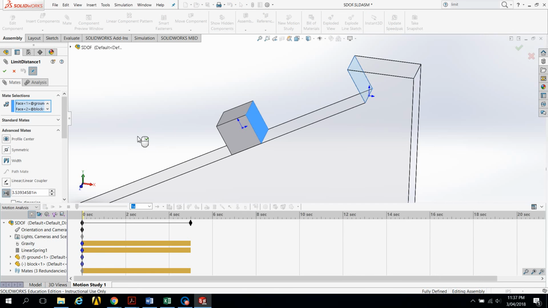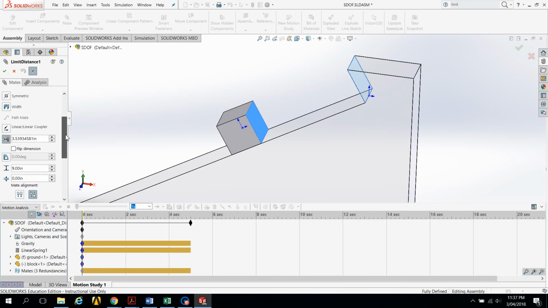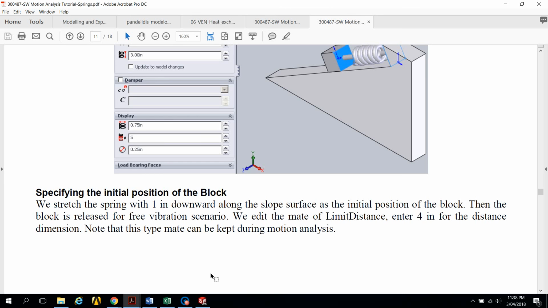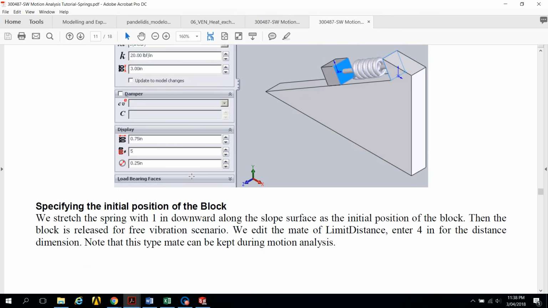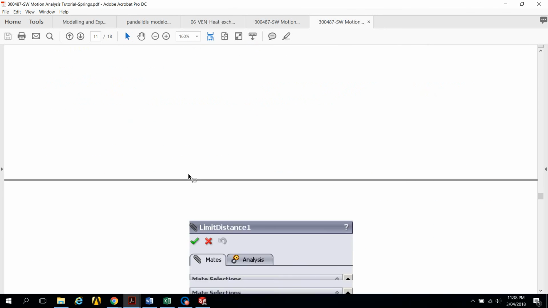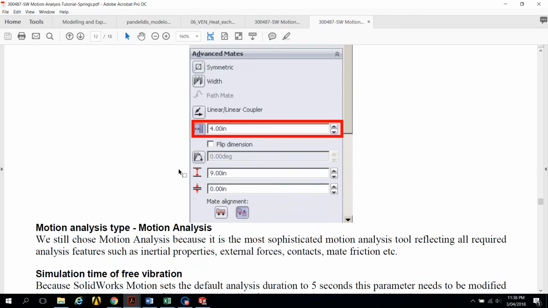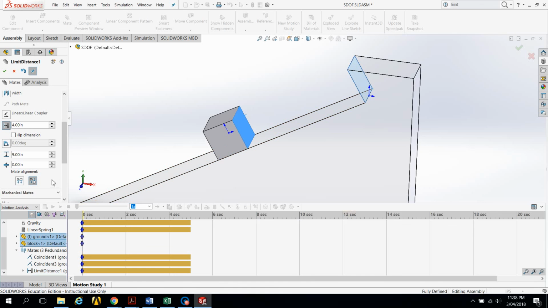Okay, so that's what I'm going to have for limit distance, and he asked us to change this one to 4 inches. Okay, let's see what he changed as well. 9 as well. Okay, 9, 4 inches.